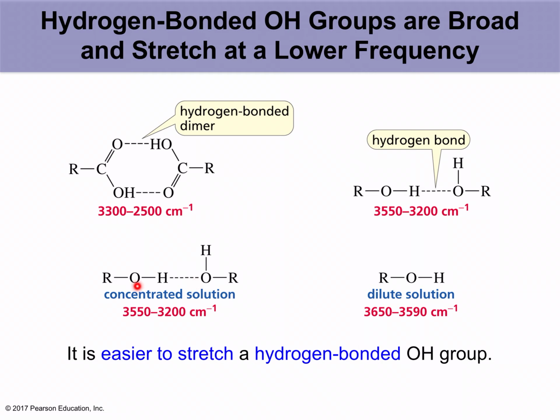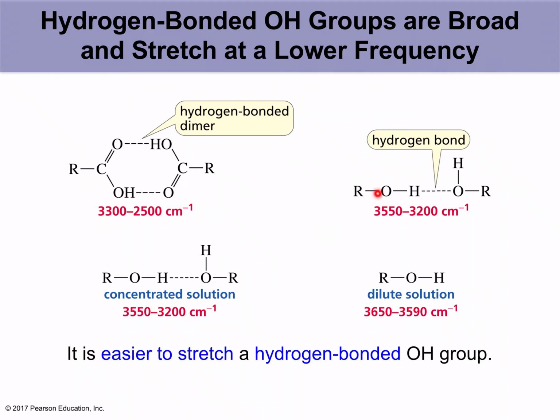As a result, the OH bond will become weaker, appearing at 3200 to 3550. In a dilute solution, it would be a little bit higher frequency, 3650 to 3590. It is easier to stretch a hydrogen bonded OH group. Okay, and that's why we also see a broader peak for the hydrogen bonds, intense but broader. Broad and stretch at a lower frequency.